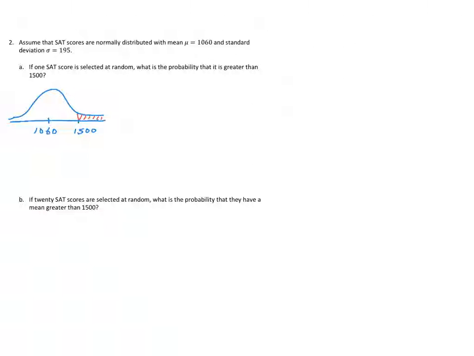So to do this, again, I'm going to use a z-score. So what I'll do is plug in place of x, 1,500. The mean is a 1060, and the standard deviation is 195. So let's directly plug those numbers in.